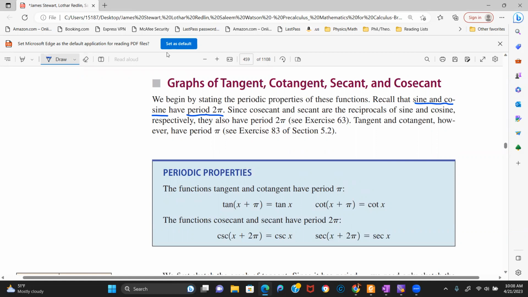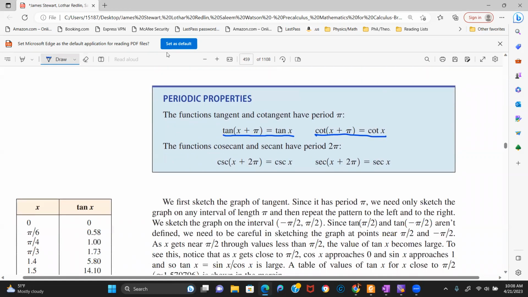And then last class we saw that tangent has a period of pi, and the same thing with cotangent. Because the cosecant of x is equal to 1 over sine x, and the secant of x is equal to 1 over cosine x, it's pretty easy to see that these have a period of 2 pi.